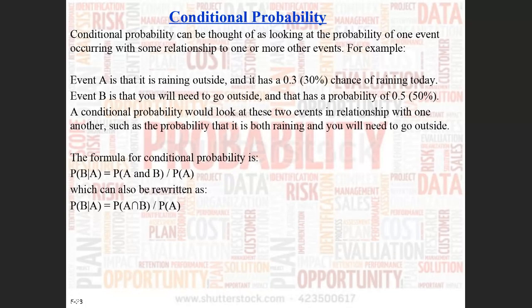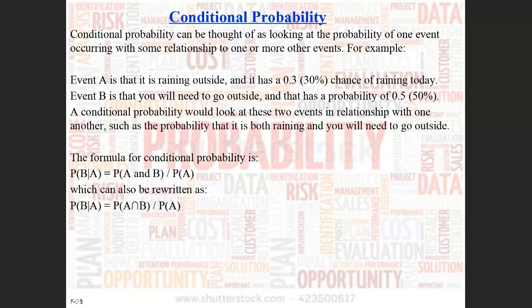For example, event A is that it's raining outside, and it has a 0.3 or 30% chance of raining today. Event B is that you will need to go outside, and that has a probability of 0.5 or 50%. A conditional probability would look at these two events in relationship with one another, such as the probability that it is both raining and you will need to go outside.